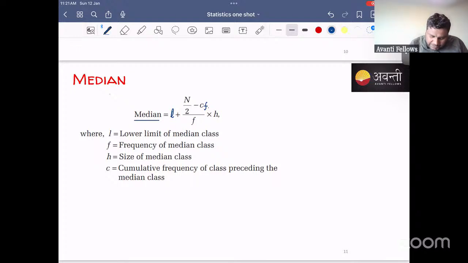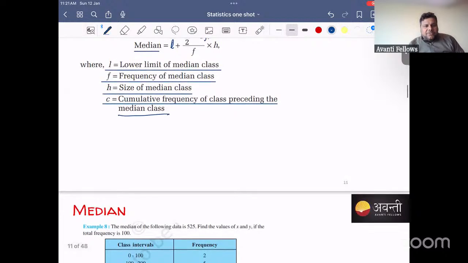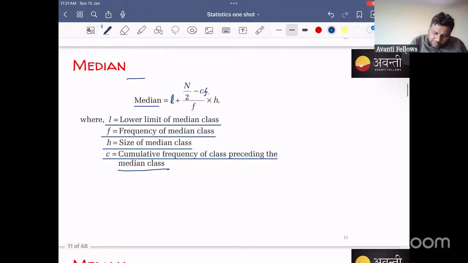C is CF, cumulative frequency. L is the lower limit of the median class. f is the frequency of the median class. h is the size of the median class. C is the cumulative frequency of the class preceding the median class. So this formula you have to remember.